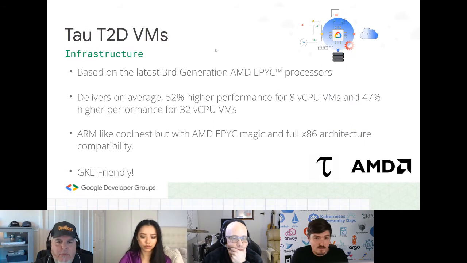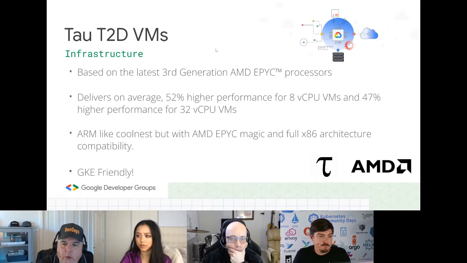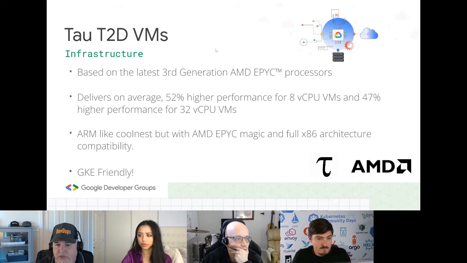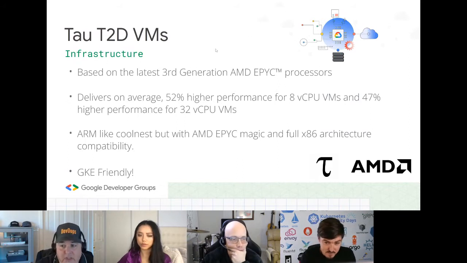I call it magic because if you do Raspberry Pi or whatever, you play with ARM, and you think about the ARM coolness in terms of low power consumption that can give you performance. The big difference is that with the AMD EPYC processor architecture, we're leveraging x86 architecture. We don't have to refactor anything. So the stuff that's running is just going to run cheaper.